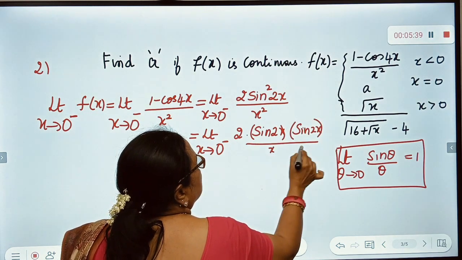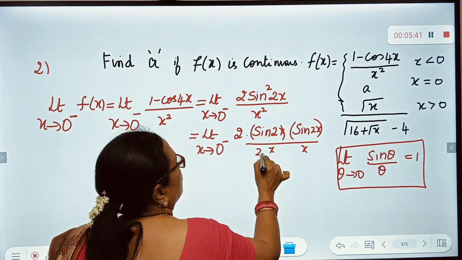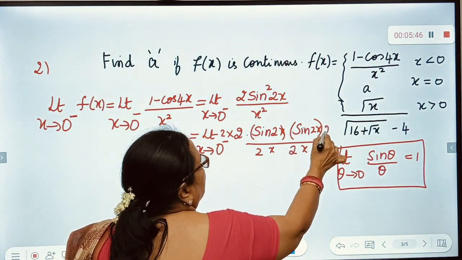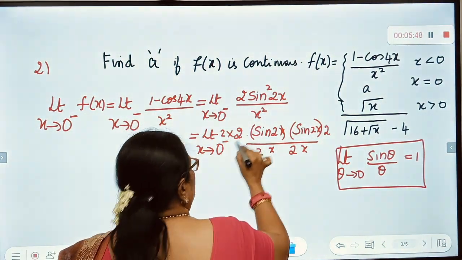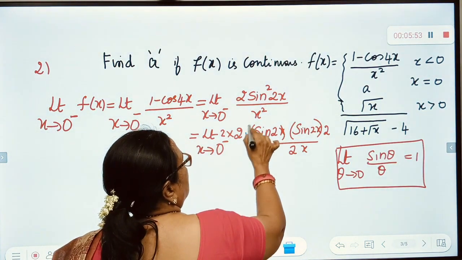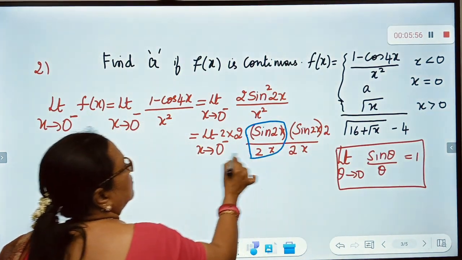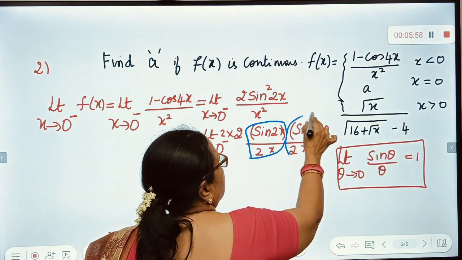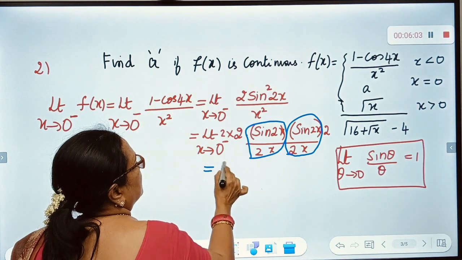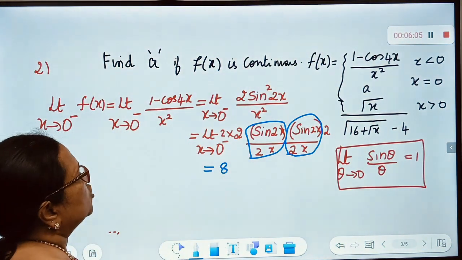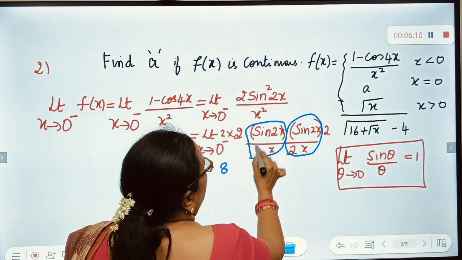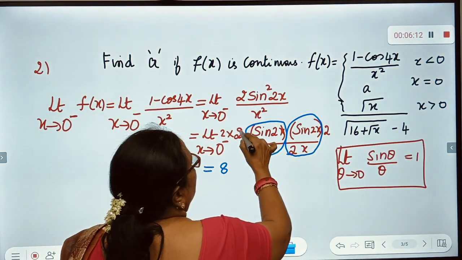So I split the x here, but I need 2 into 2. Again, this also I am multiplying and dividing by 2. So that now this becomes, by virtue of property of limits, 1. So what are you left with? 8. 2 into 2, 8. 2 into 2, I have divided by 4, I have multiplied by 4.